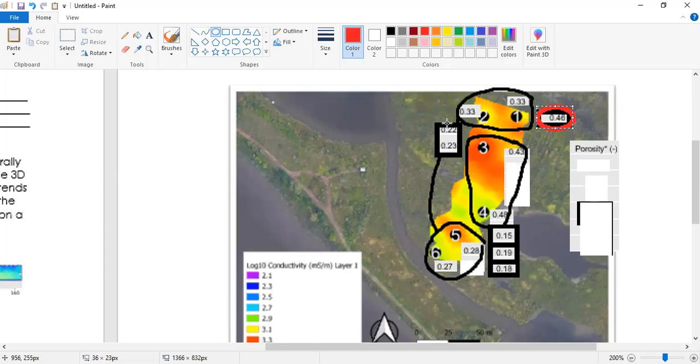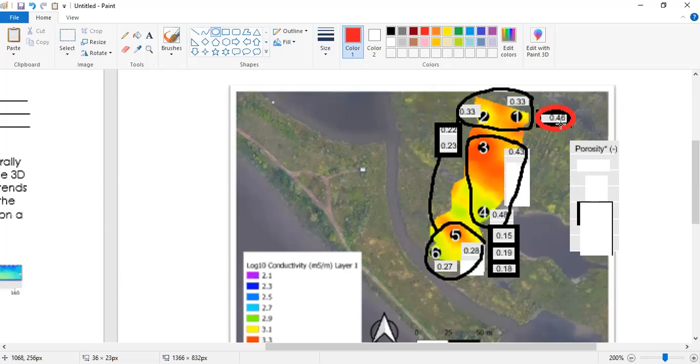No, I'm just saying we are only looking at porosity values. So I'm looking at the porosity values of 0.48, 0.22, 0.23, and 1.5, 1.9, and 1.8. I see that the value for 1 is different when I look at porosity, while I saw that 1 and 2 had the same thickness, right?